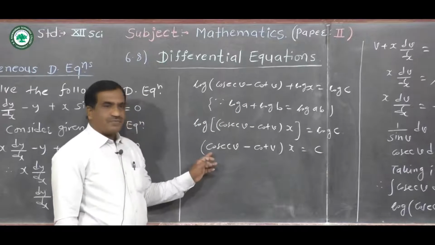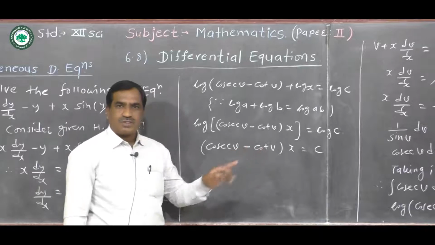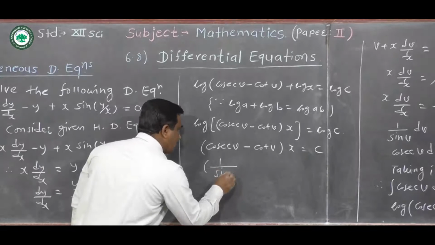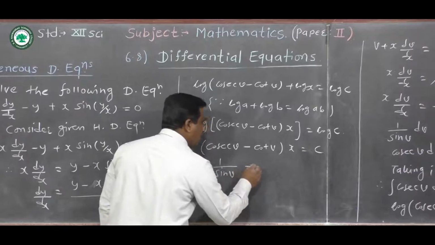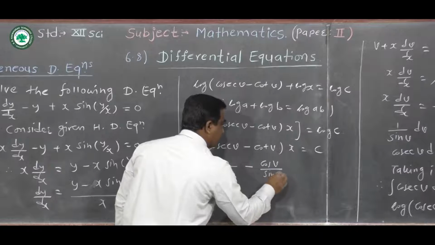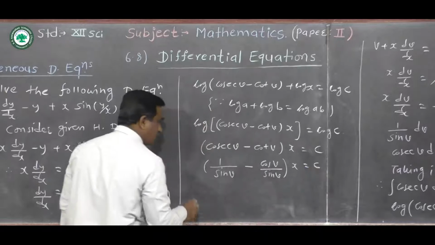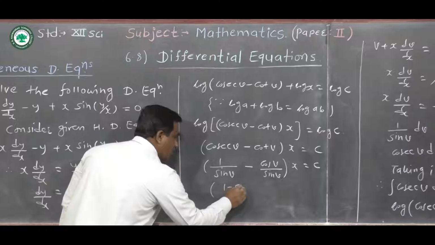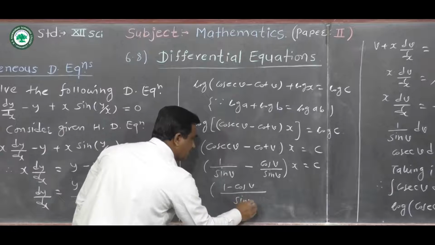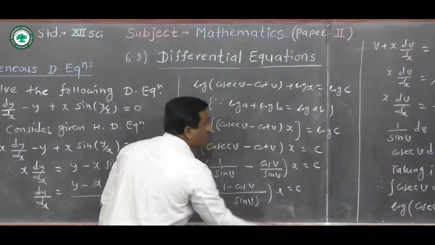Now we know that cosec v means 1 upon sin v and cot v means cos v upon sin v. That is, (1 upon sin v minus cos v upon sin v) times x is equal to c. That is, we get (1 minus cos v) upon sin v times x is equal to c.